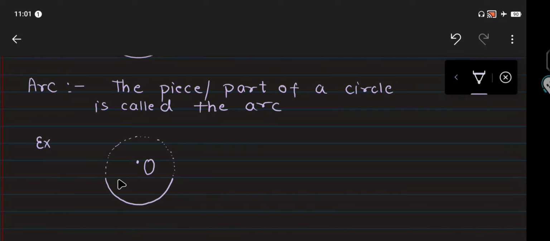This is the arc AB, with the endpoints point A and point B. This arc AB with the center O is a part of a circle, from here to here. And generally it is represented by writing the endpoint letters and a curve over it like this. This is arc AB.